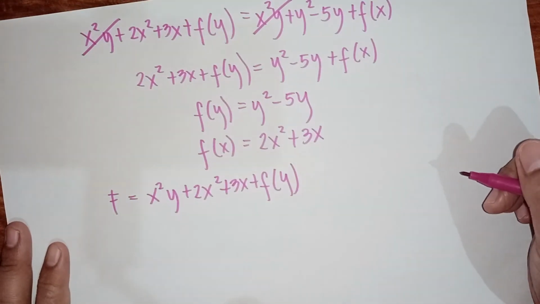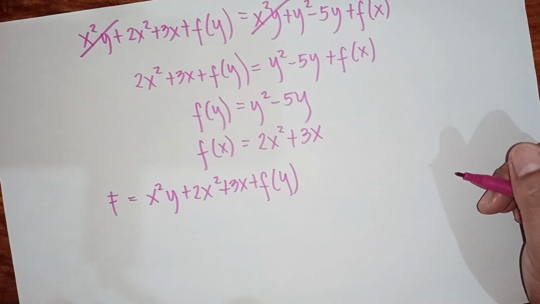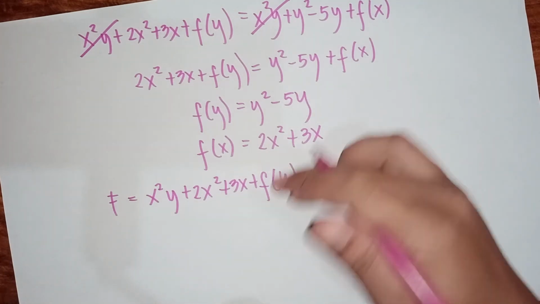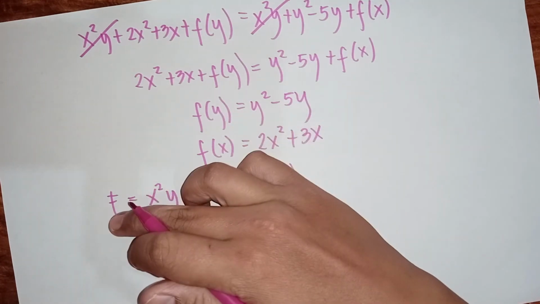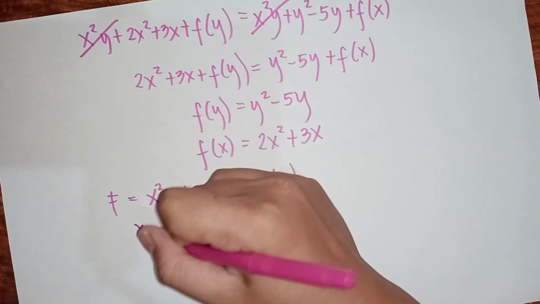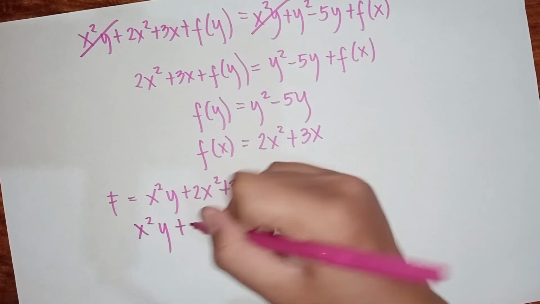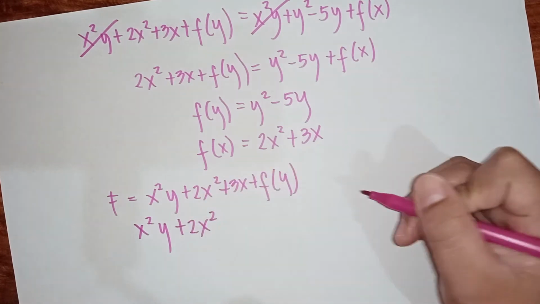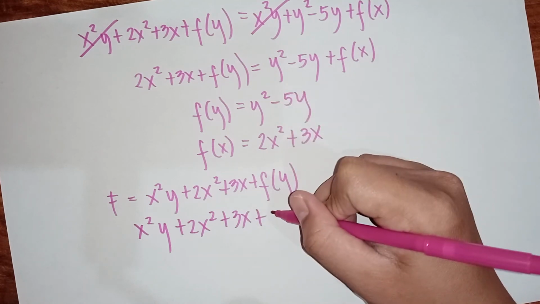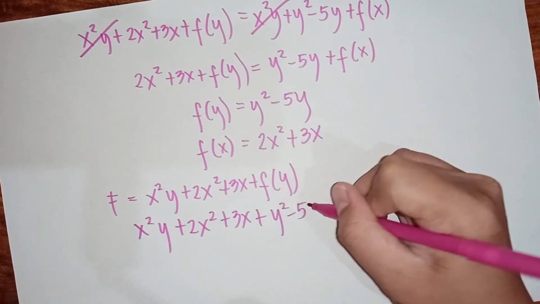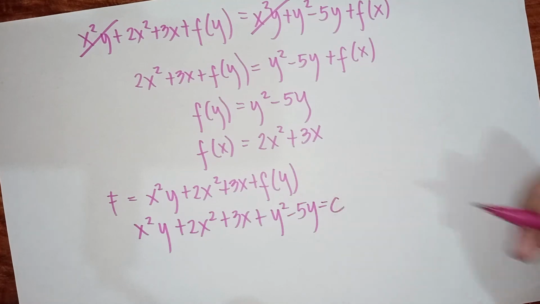Okay, so ito yung unang value ng f natin. So, ang gagawin natin is, we're going to substitute yung value ng f of y dito, and replace c sa f. So, magiging x squared y plus 2x squared plus 3x plus, so f of y natin is y squared minus 5y equals c.